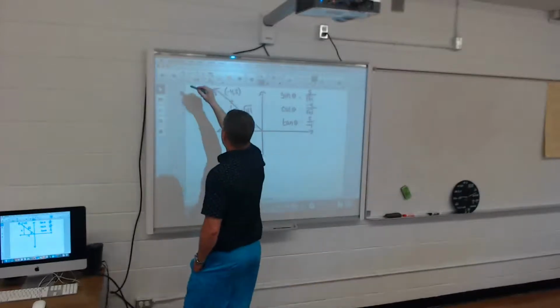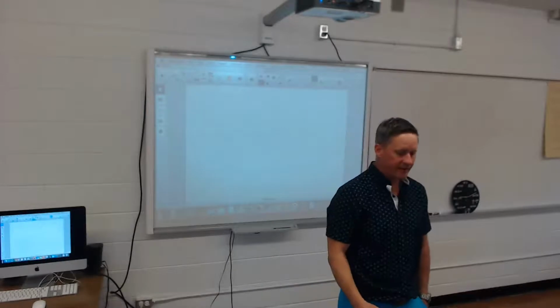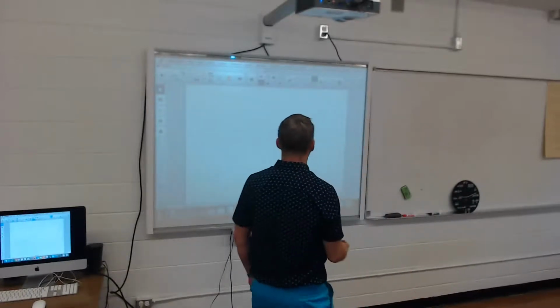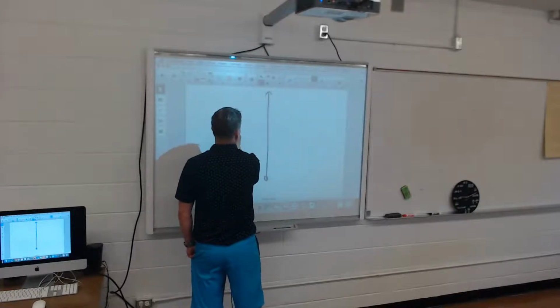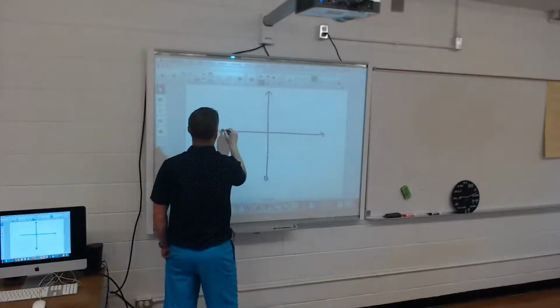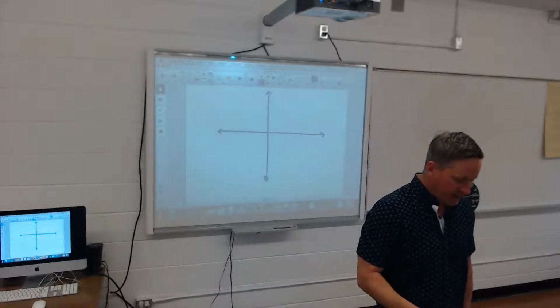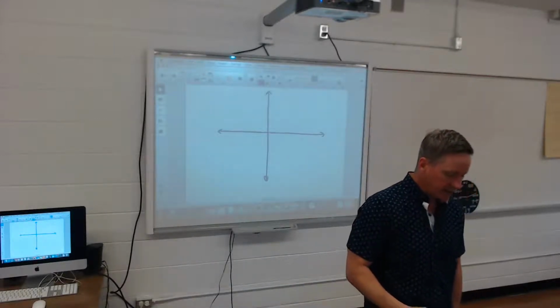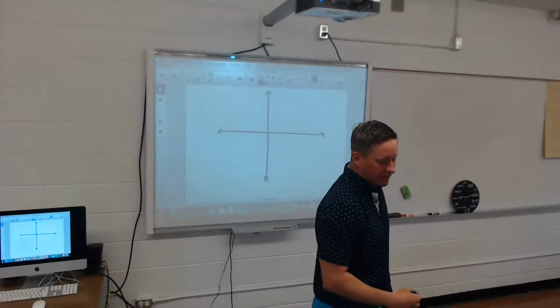Again, not as major for grade 11, but huge for grade 12. So here's this. I'm going to show you how this works. It asks you to solve for theta, so find an angle between 0 degrees and 360 degrees for the following ratio.